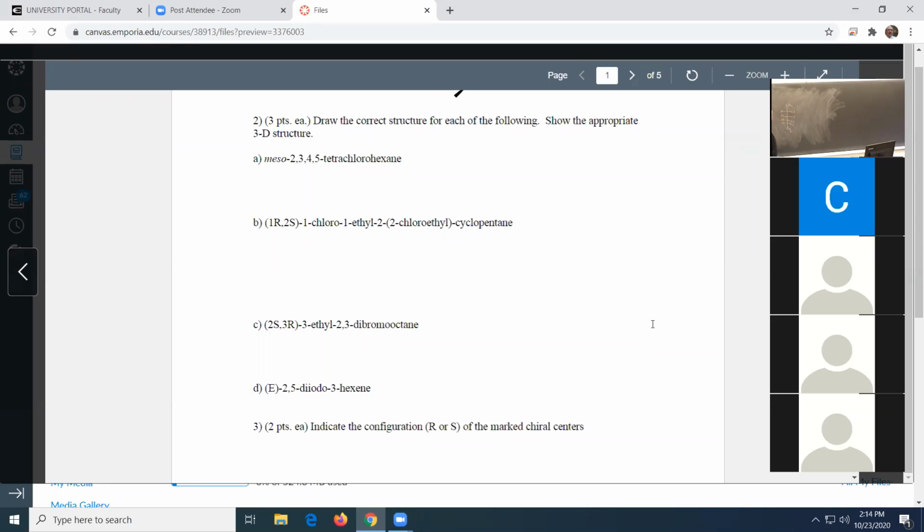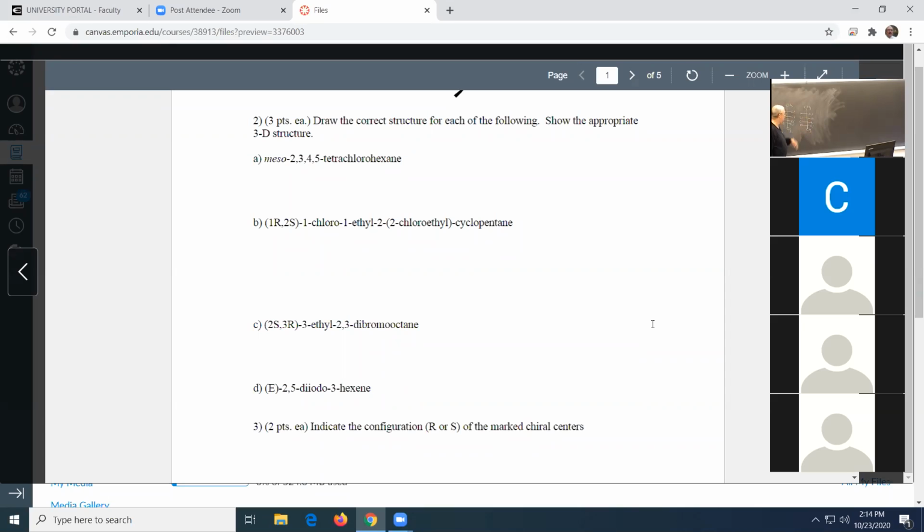Okay, and there's actually more than one correct answer. Okay, we could have the chlorines on the other side. That would be the same thing. You could also show it this way.